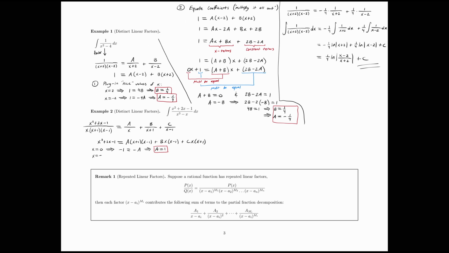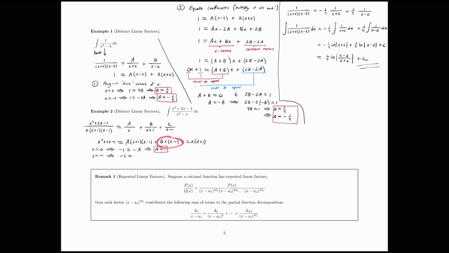Now let's plug in negative 1. When we plug in negative 1, the left-hand side will become, let's see, negative 1 squared is 1, minus 2, minus 1. So the 1's cancel, and we're left with negative 2. And then what cancels on the right? When x is negative 1, the A term will cancel, and so will the C term.